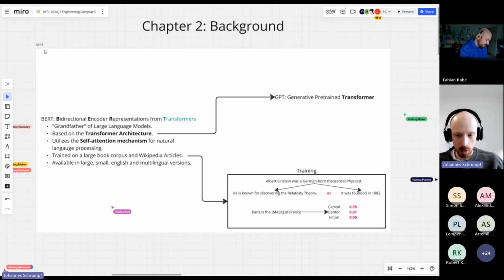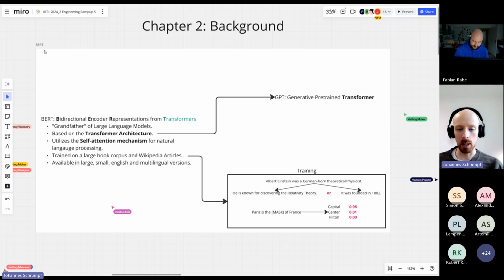So how do you actually train BERT? When the original BERT was released, there were two different mechanisms that they used in order to train it. The first mechanism was to simply give the network a sentence and then present the network with two candidates for a follow-up sentence.